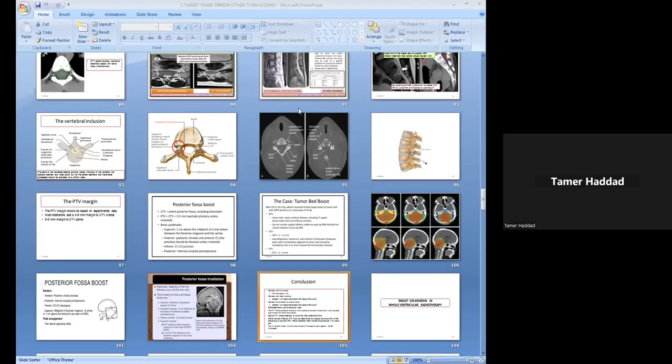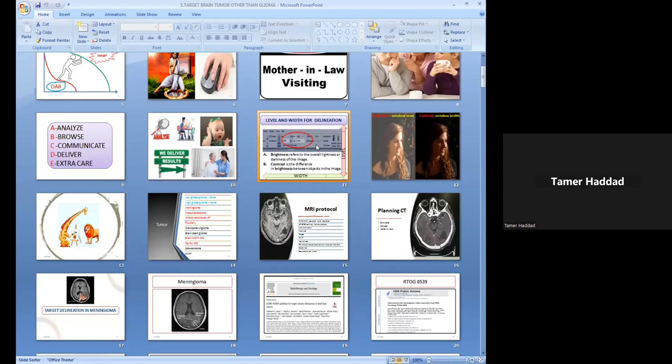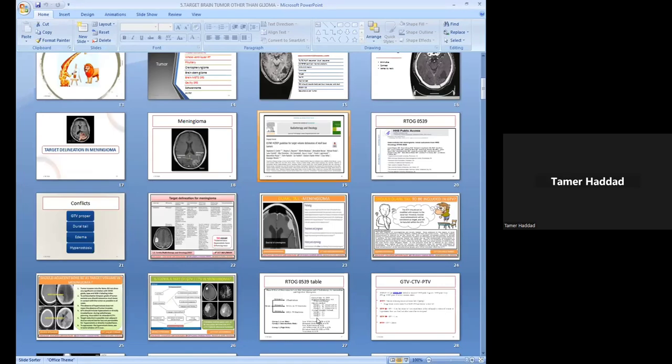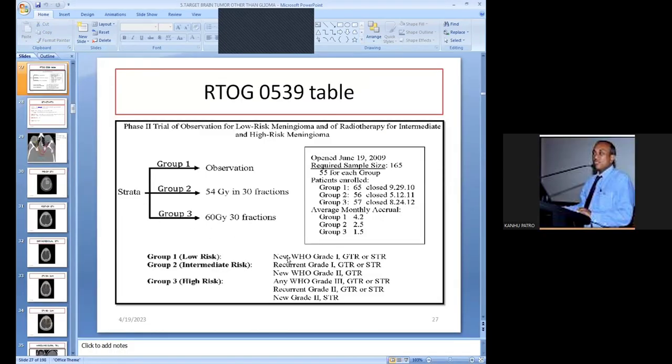Some doctor has asked: grade 1 meningioma, subtotal lesion, should we give RT? See, for subtotal resection, even in the RTOG 0539 protocol, you can see WHO grade 1 GTR or STR is a low risk of recurrence.